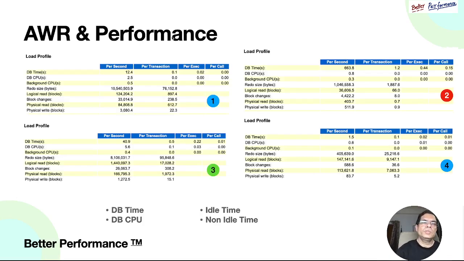First, I am going to discuss the load profile. Load profile is one of the good stats in the AWR which gives information on how my system is performing. If you look at the load stats of four different AWRs which I have presented here, 1, 2, 3, and the last is the fourth one.